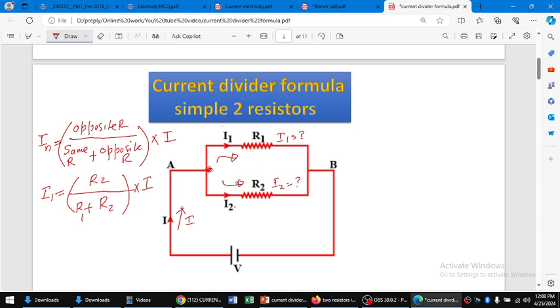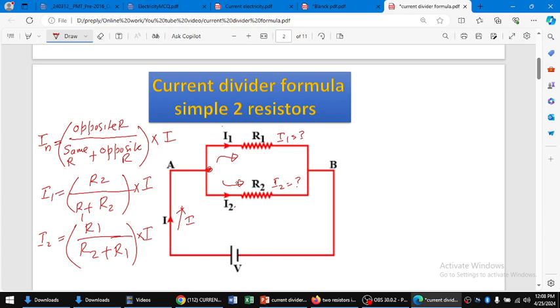Okay, so for I2 we need this formula: the opposite resistance is R1, divided by R2, the same resistance, plus R1, the opposite resistance, multiplied by I.